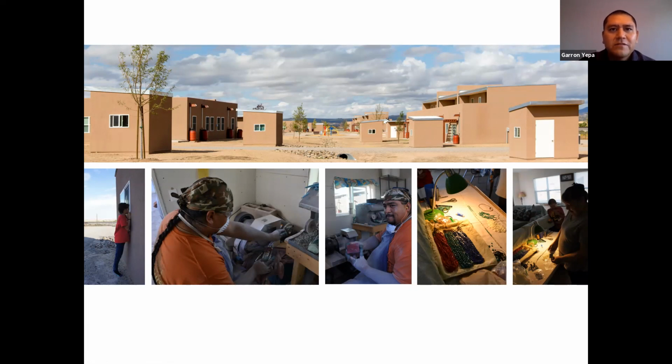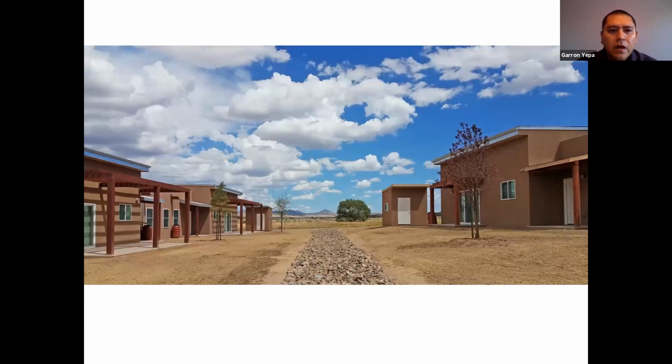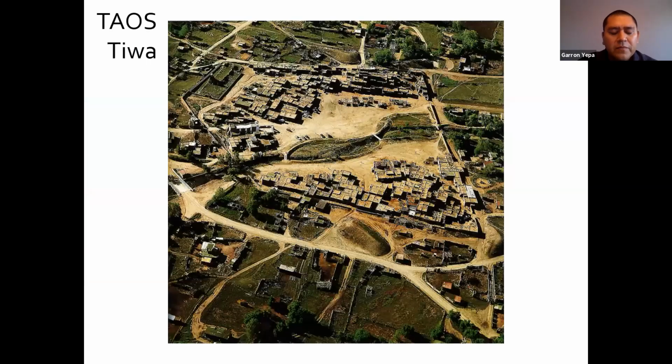Some of them are used as storage, but it was an example of how we can use these ideas in a modern way. And of course, the swales where you have water is a big part of Pueblo understandings, much like the Taos community, who has an actual stream running through it.